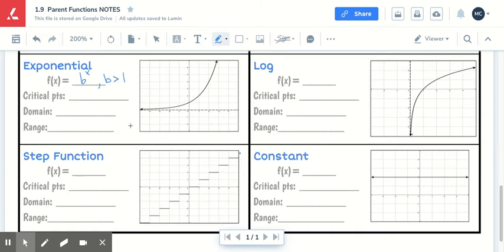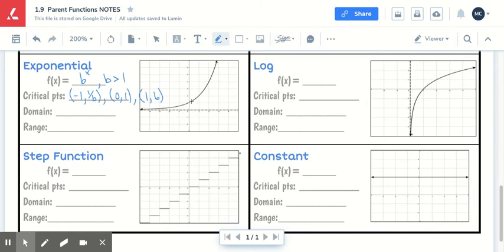So our critical points on this one are -1, 1 over b, (0, 1), and 1, b. So for the picture here, I want to say that the b value, we're going to call it 2.